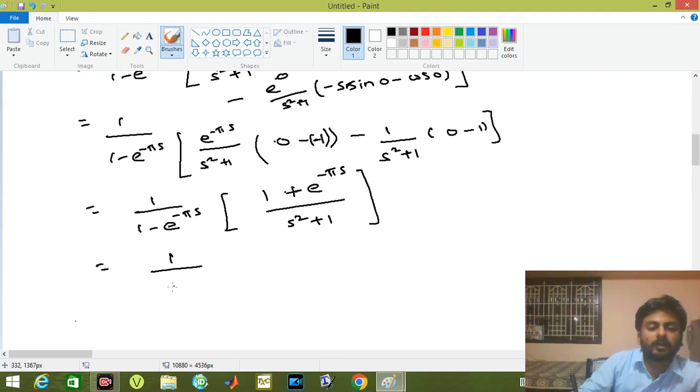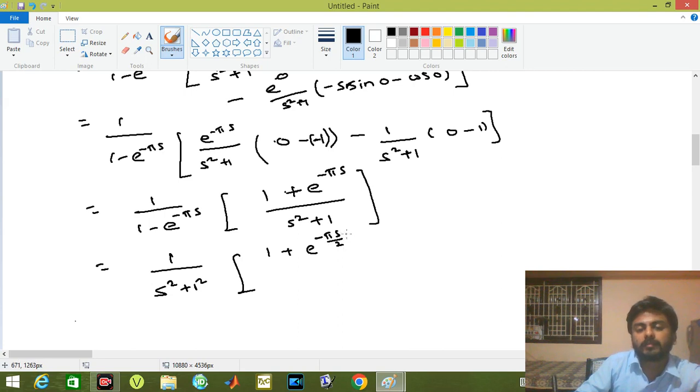Take 1 divided by s square plus 1, into this, which can be written as 1 plus e power of minus pi s by 2, and again minus pi s by 2 divided by 1 minus e power of minus pi s by 2.